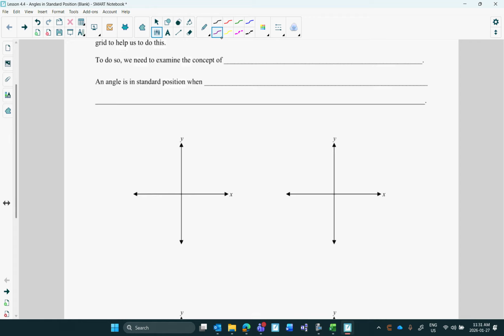And when we draw an angle on a coordinate grid, we are drawing angles in standard position. It's just a fancy way of saying, if you're asked to draw an angle in standard position, use a coordinate grid to draw it.